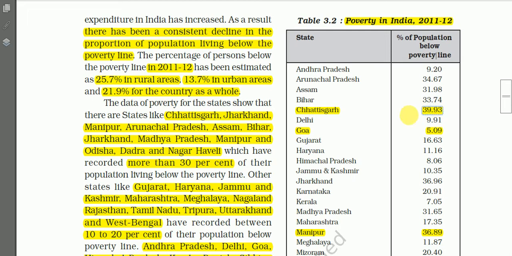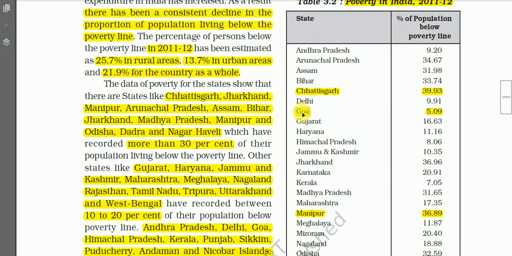The percentage of population below the poverty line in Chhattisgarh is 39.93, which is the highest across the states. Whereas Goa has only 5.09% of population below the poverty line. The lowest one is Goa.